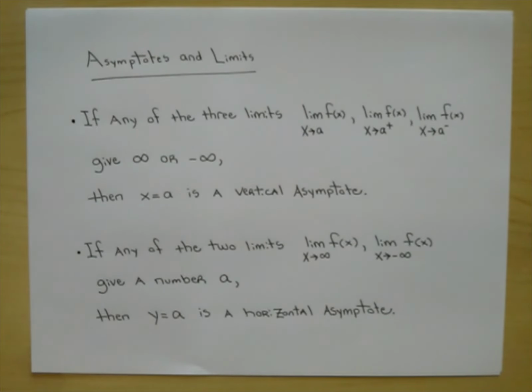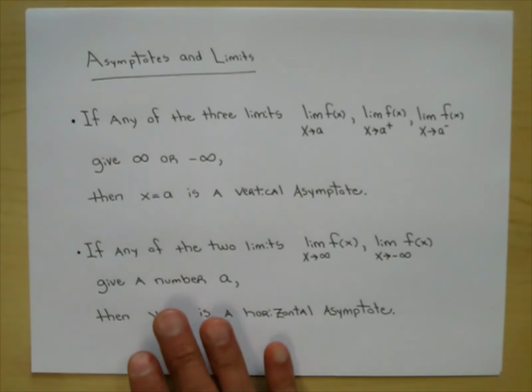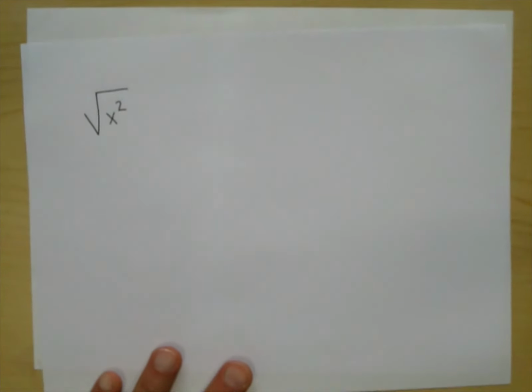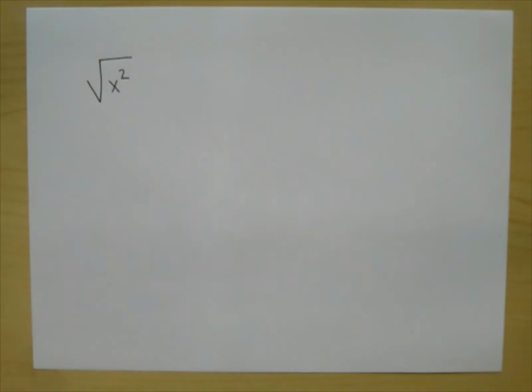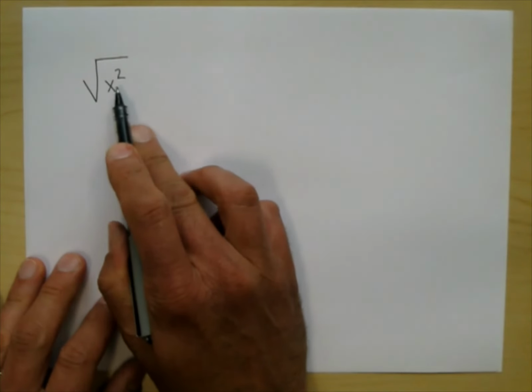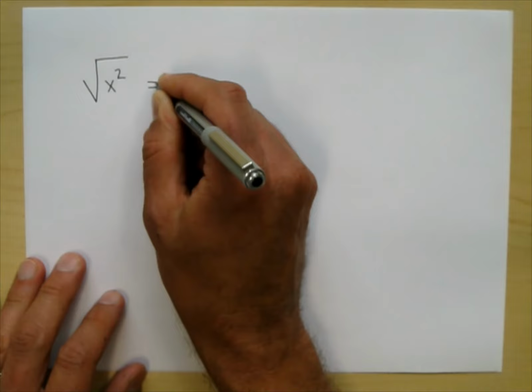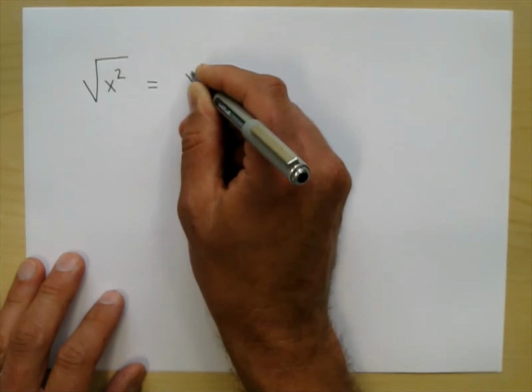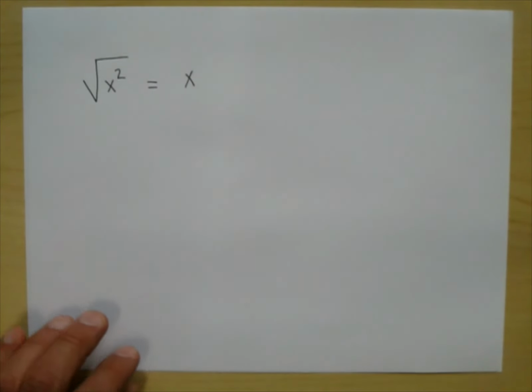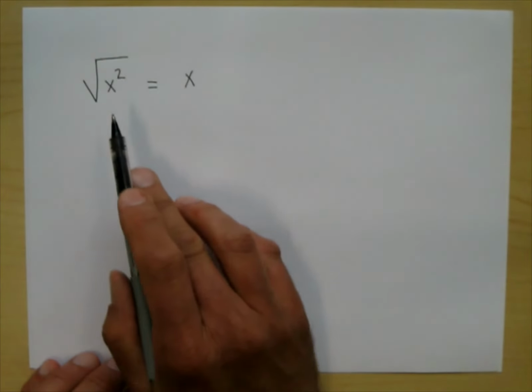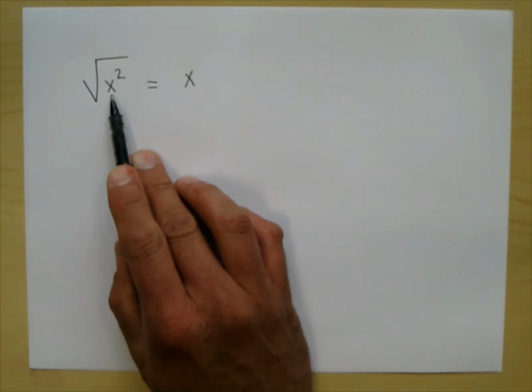Okay, before we do our next problem, let's review some algebra that usually people forget, or sometimes teachers don't cover this. So for this problem right here, I'd like to know what the square root of x squared is. And a lot of people would say, well, Joe, that thing is just x. Well, that does work if you have like a 5.